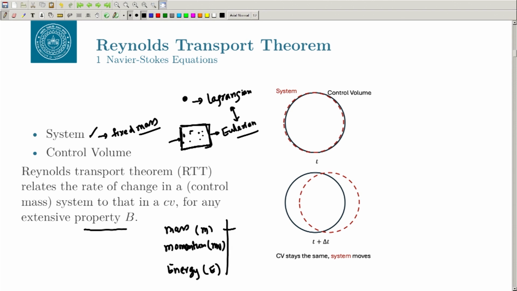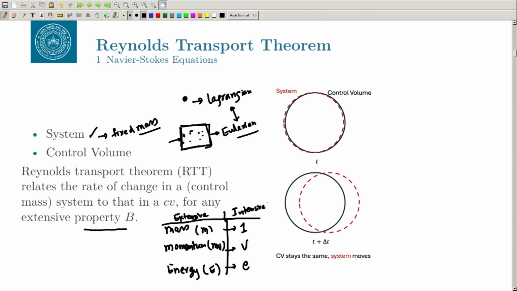So, for this it will be 1, for this it will be velocity, for this it will be energy per unit mass, right. So, these are the extensive properties, and these are the intensive properties. Okay.